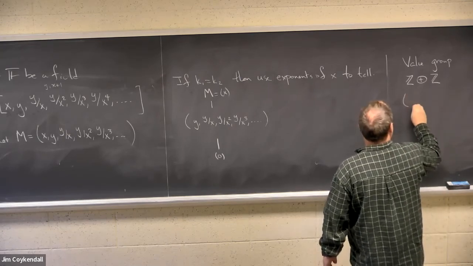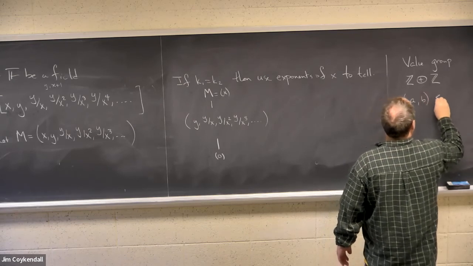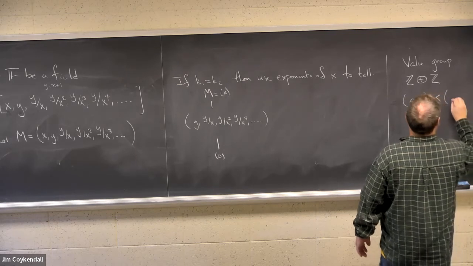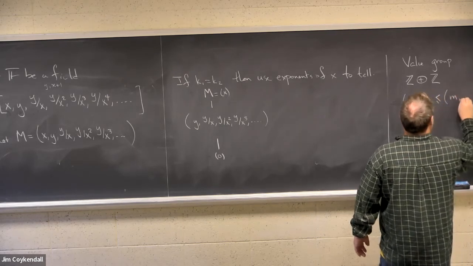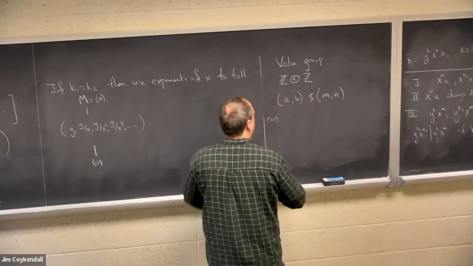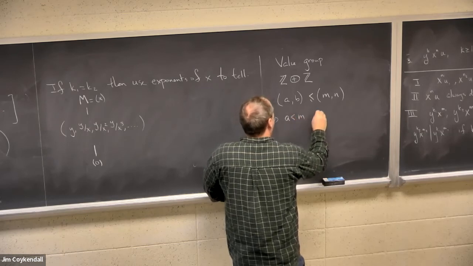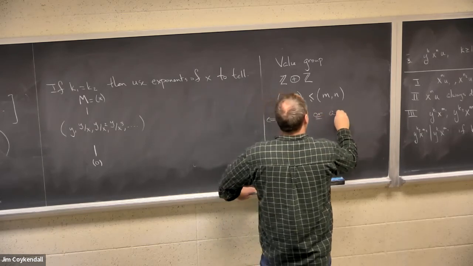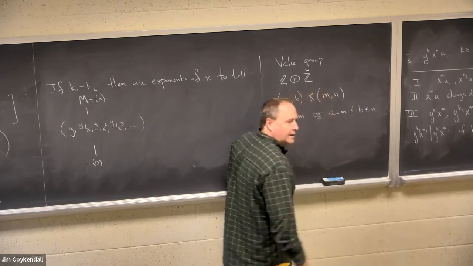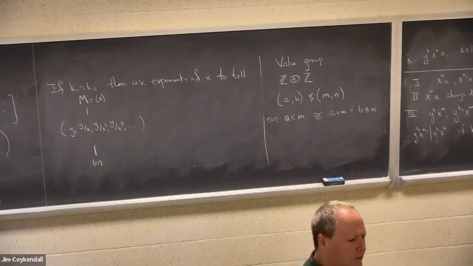The ordered pair (A, B) is less than or equal to (M, N) if and only if A is less than M, or A equals M and B is less than or equal to N. Everybody okay?